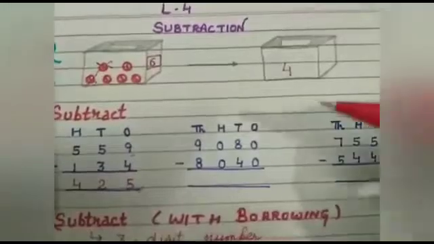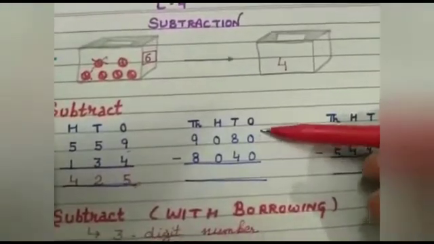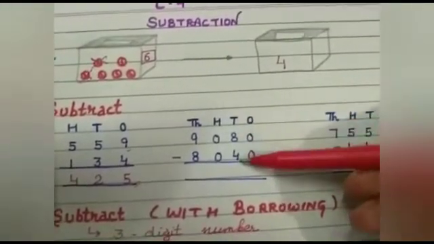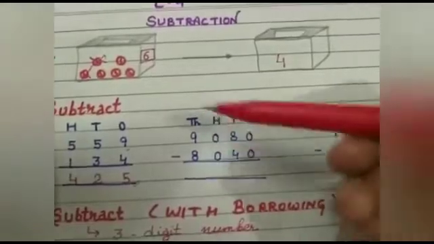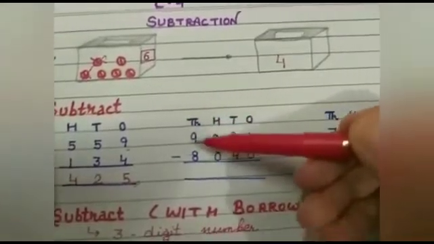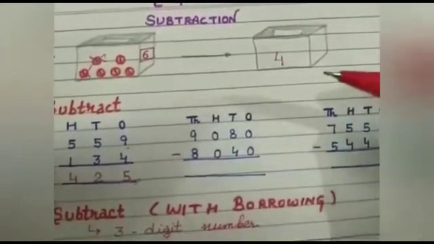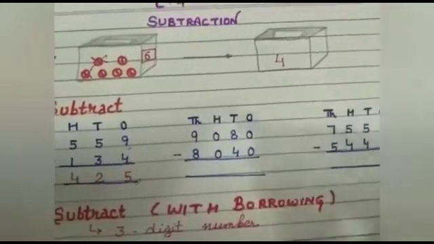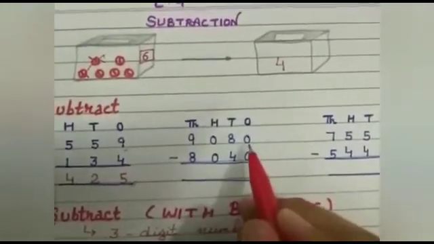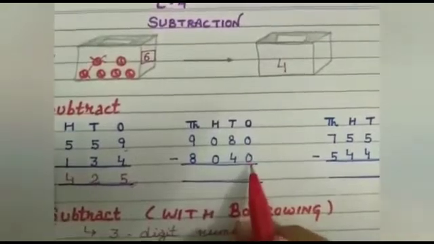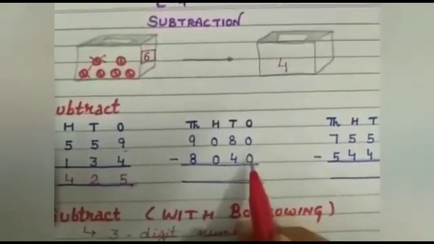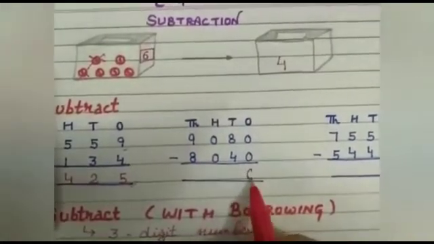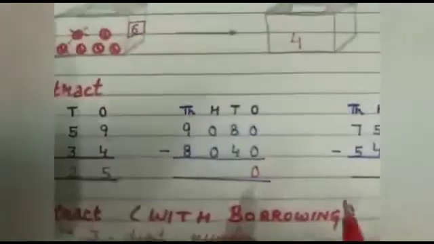Same way you can do it with a 4-digit number. What to do is, first you subtract the ones, then tens, then hundreds, and finally the digits that are present at the thousands place. So let's see how. First of all, we will look at the ones place. At the ones place we have 0. 0 minus 0 is 0.